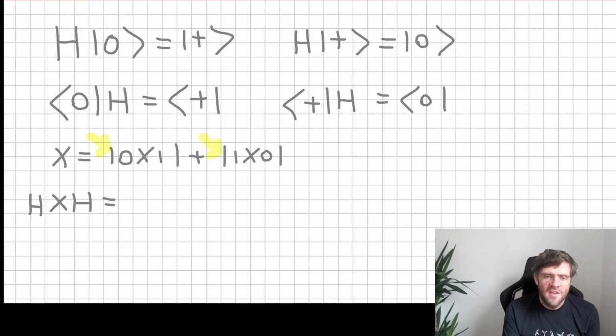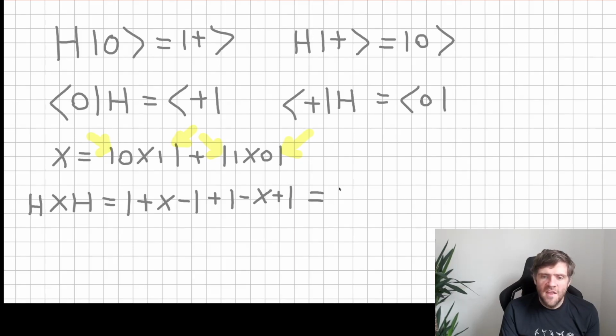The H applied to that 1 is going to turn it into a minus. The H applied to that 1 is going to turn it into a minus. The H applied to that 0 is going to turn it into a plus. And so what we're going to get is plus minus from that first term and minus plus from the second term. So we get a gate which turns plus into minus and minus into plus. And that is exactly what the Z gate does.